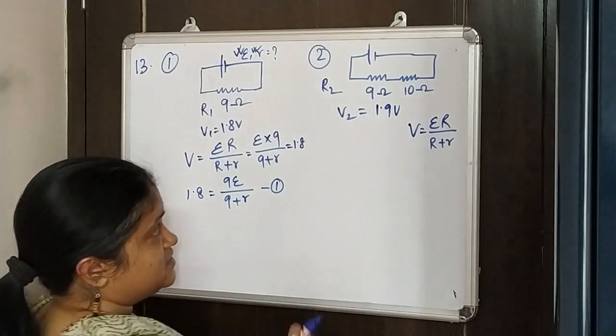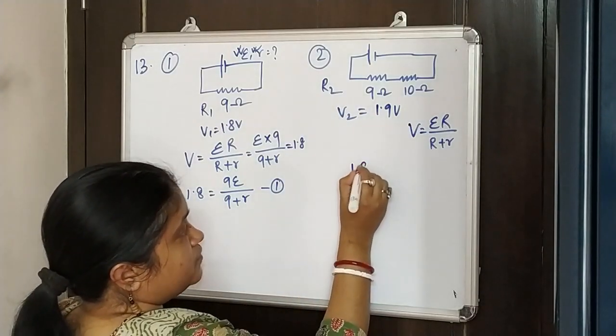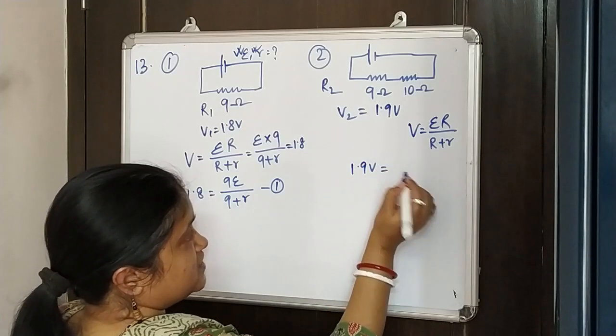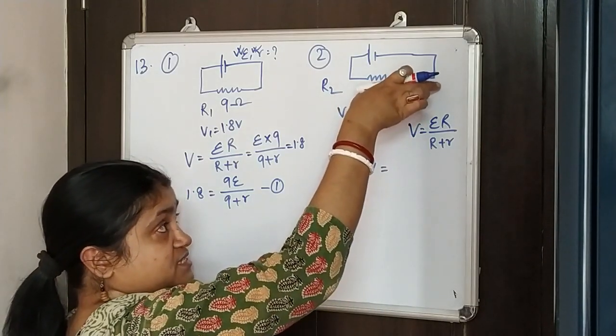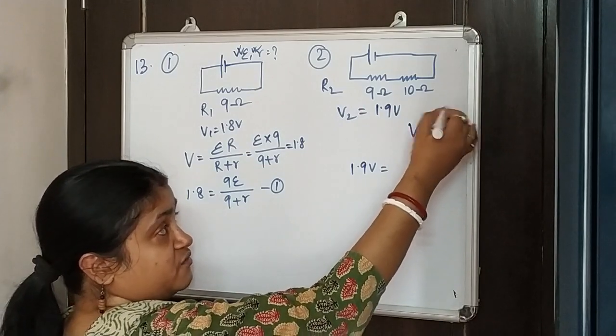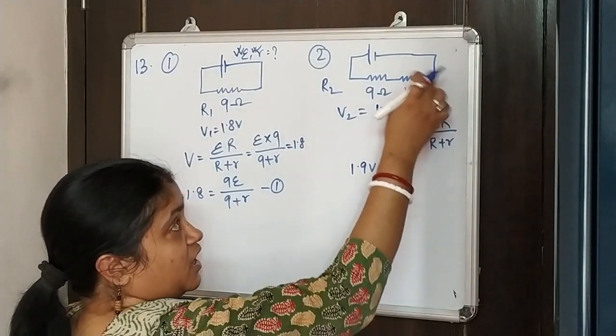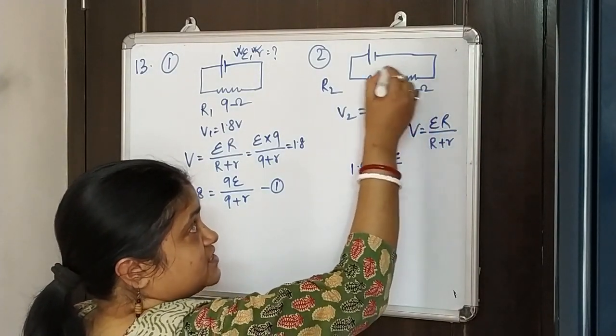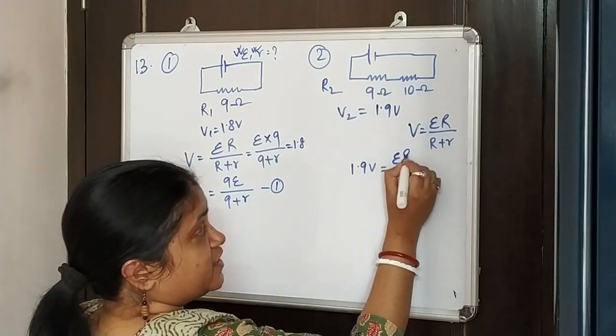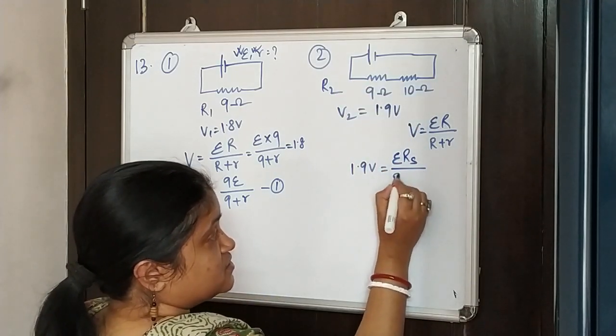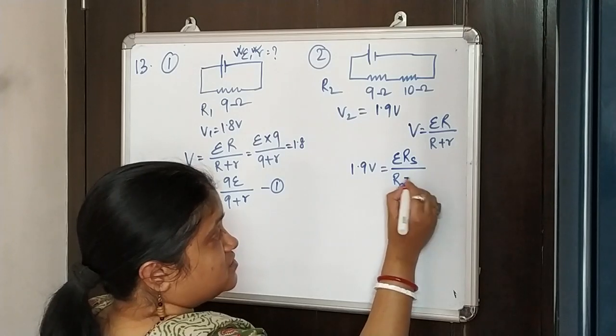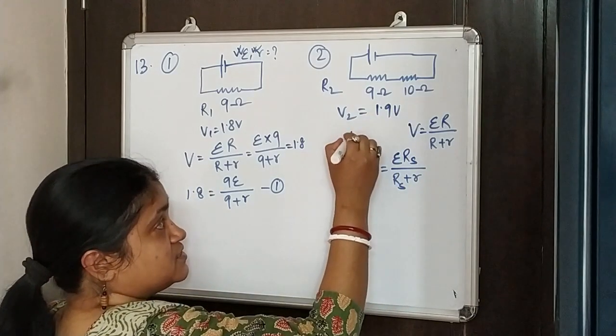From the second case, we can write 1.9 volt is equal to epsilon R by R plus r, where this R is actually the series combination of these two. So I can write it as RS, epsilon RS by RS plus r. What is RS?